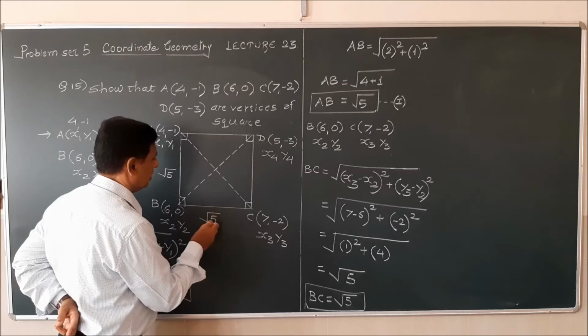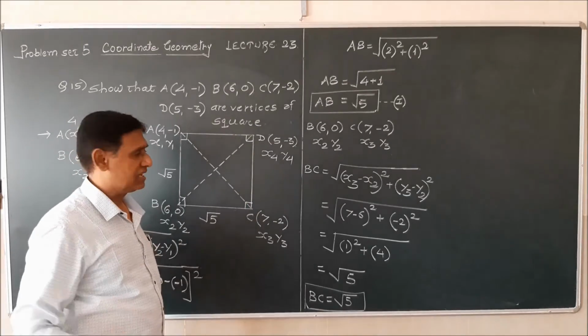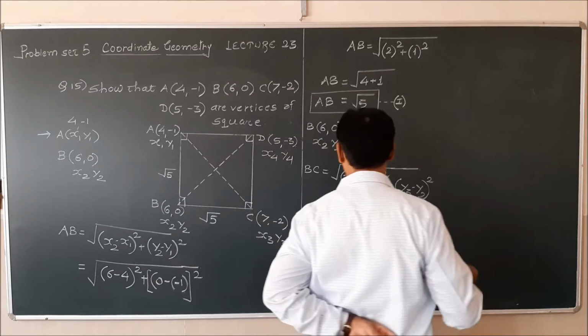Now I am going to show CD, of course, as root 5. So C is 7 comma minus 2.